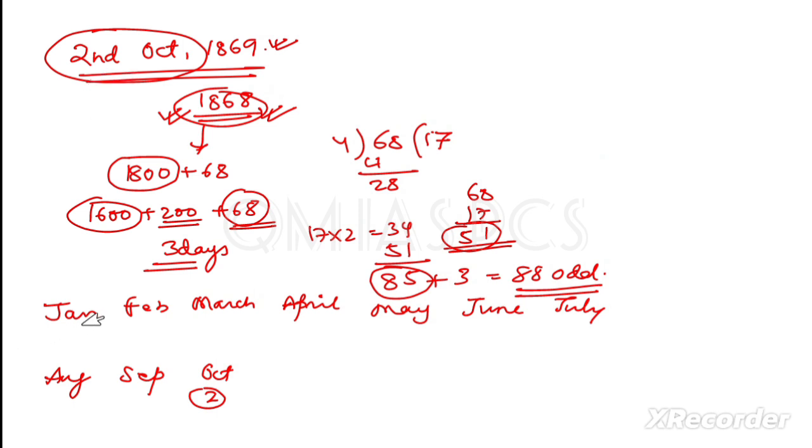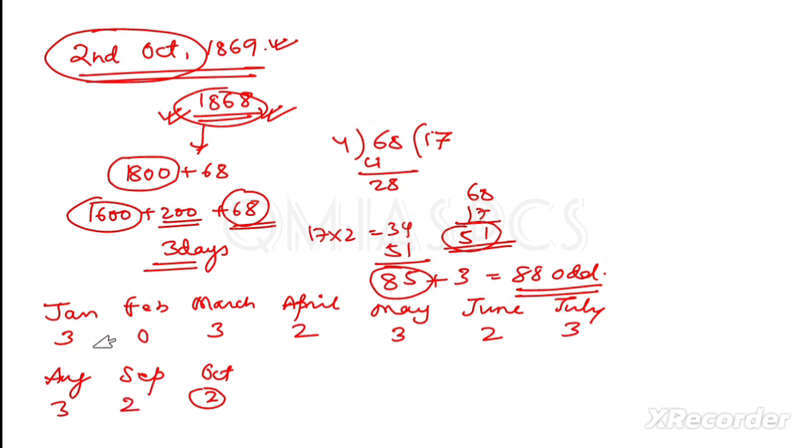So we are just writing the odd days here. For January how many odd days? 3. This is a non leap year, so February will be 0, March 3, April 2, May 3, June 2, July 3, August 3, September 2.